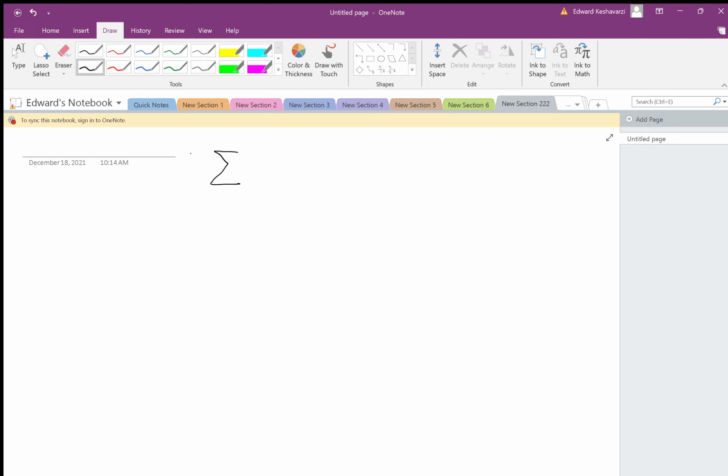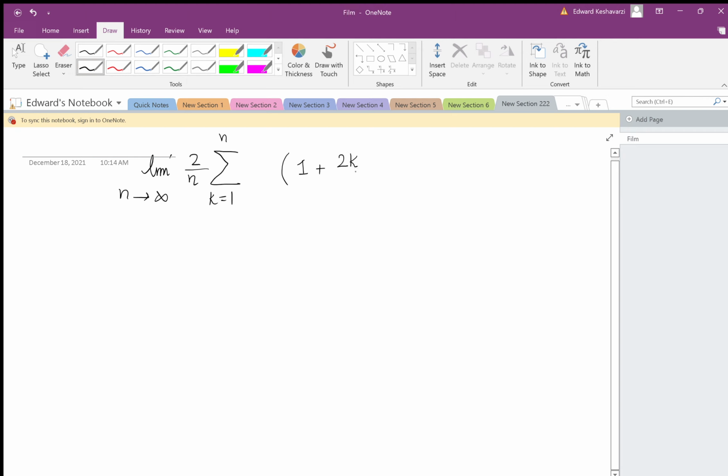So let's say limit of 2 over n sigma, k equals 1 to n, 1 plus 2k over n squared, as n goes to infinity.